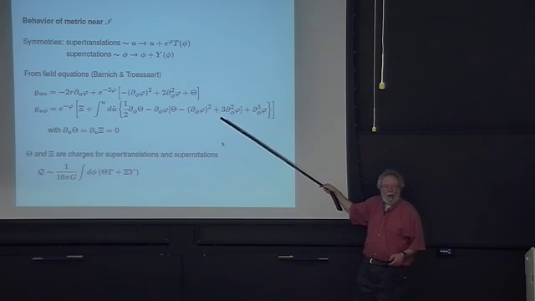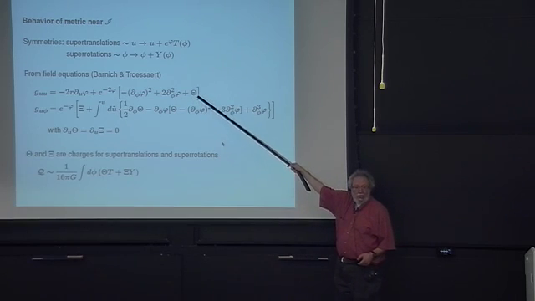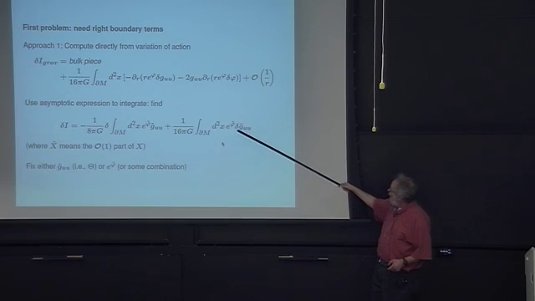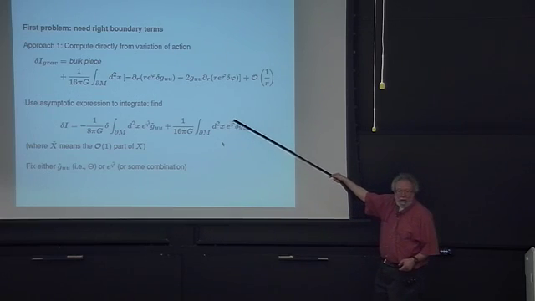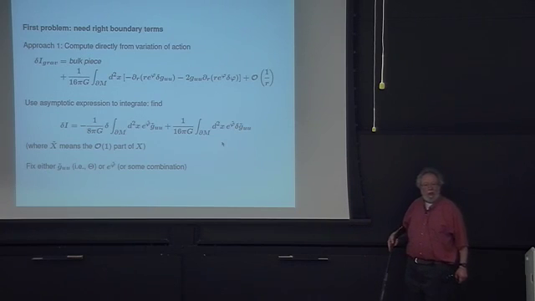And so there's no way of canceling off. So the variations of theta are independent of the variations of phi tilde, because theta is just an arbitrary function. So there is no term that will cancel there.